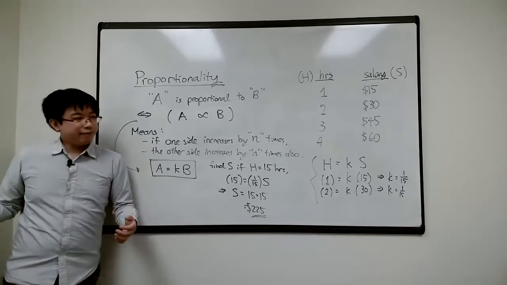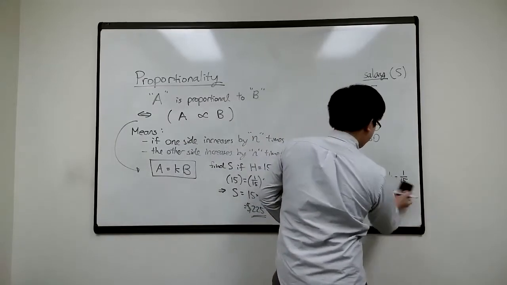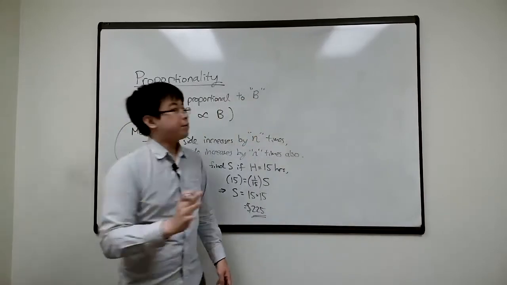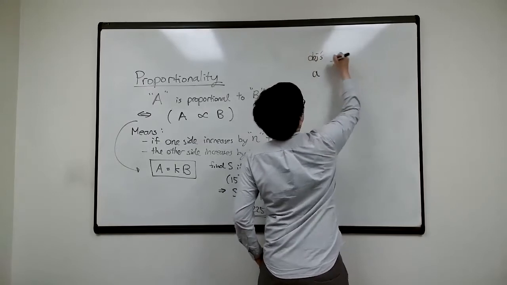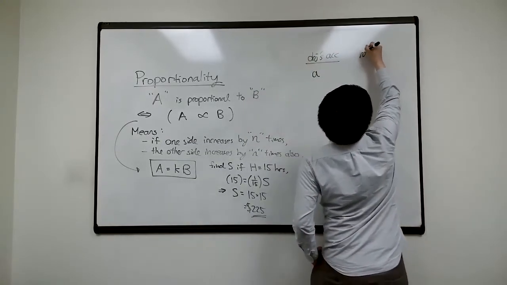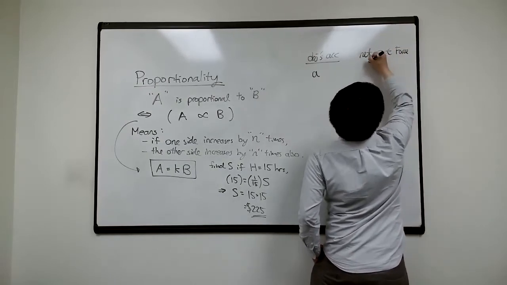In our case, in physics, what we have talked about so far that is proportional is the net force applied on an object and its acceleration. So an object's acceleration, which we will use the symbol A, and the net external force on the object.